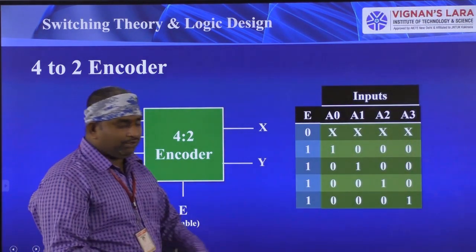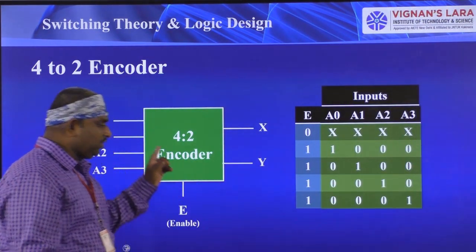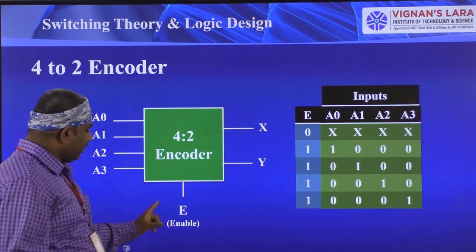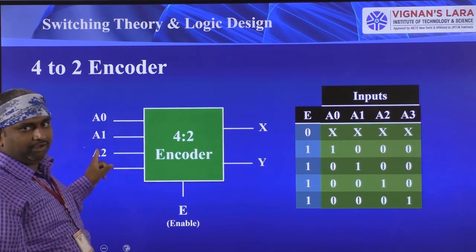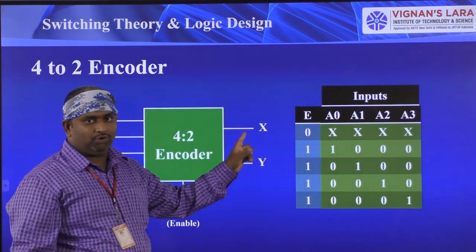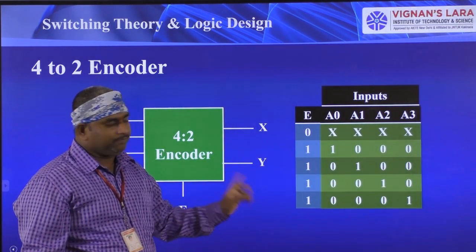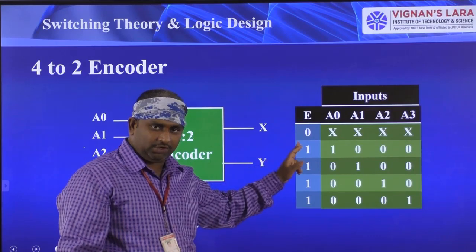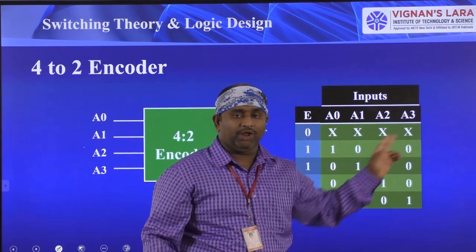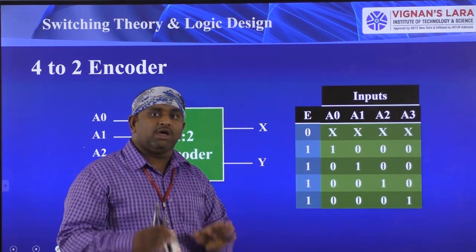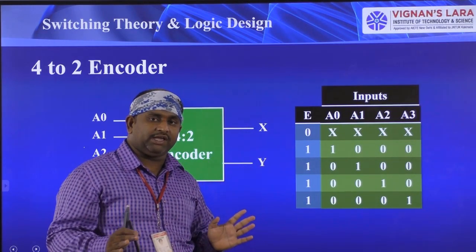So see here, I have taken the enable signal. Why? Because for any type of decoder or encoder, we have an enable signal. I said that we have 4 inputs, A0, A1, A2, A3, and 2 outputs, X and Y. If enable is equal to 0, we are not considering the input. Why? Because enable is nothing but a power supply.